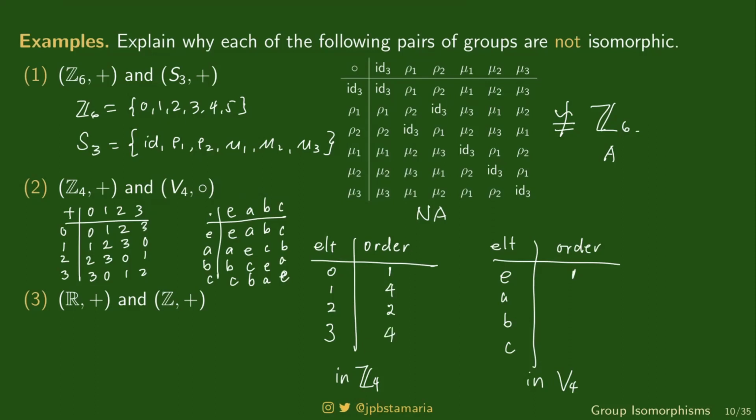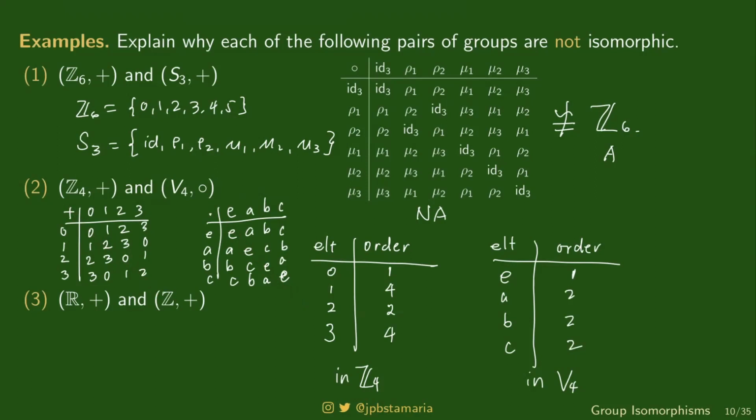So, ang orders ng mga elements sa Z sub 4: 1, 4, 2, 4. Okay. How about Klein 4 group? Anong order ng mga elements maliban sa identity? Nakita niyo yung main feature nito, yung main diagonal. Identity lahat. Pero dito hindi. Diba? It is because lahat ng elements maliban sa identity ay order 2. Ang configuration ay magkaiba.